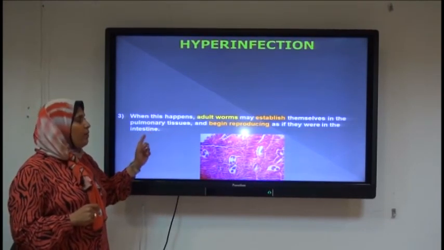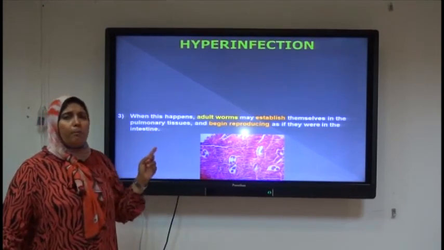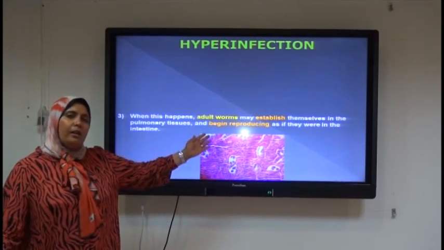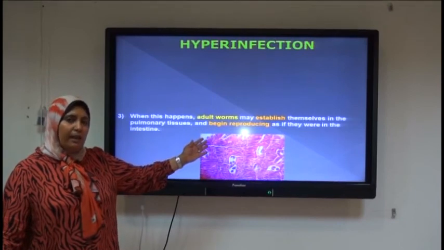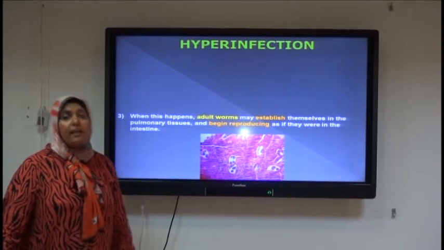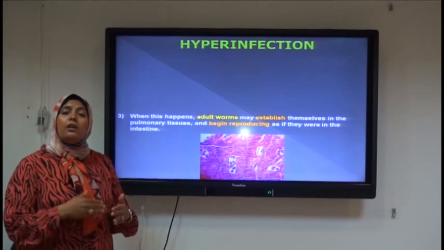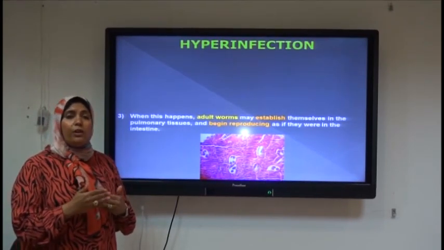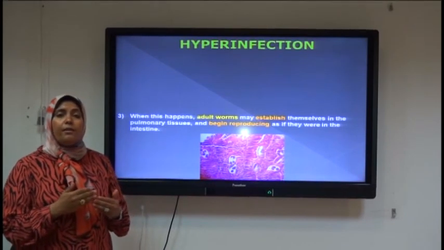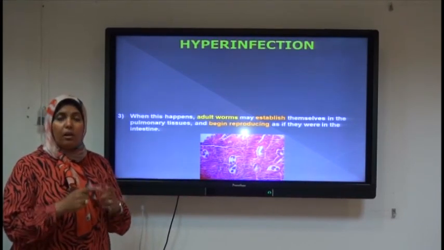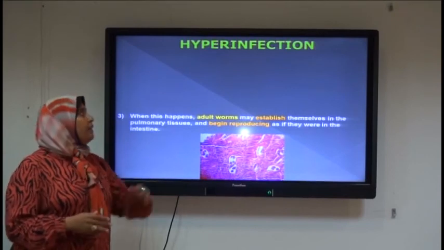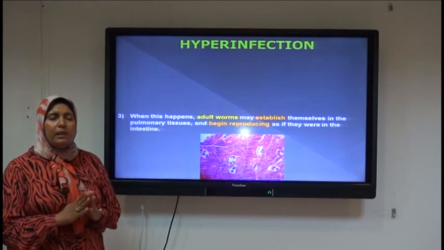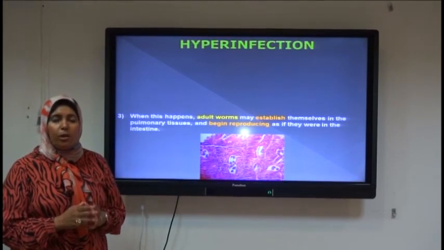And this is a great problem because this will completely destroy the pulmonary tissues, and they will act as if this is the habitat, and it will start producing eggs, and eggs will start to hatch to form rhabditiform larvae, and rhabditiform larvae will divide twice to form the filariform larvae, and so on. The whole life cycle in the hyperinfection will take place in the lungs, leading to complete destruction of the pulmonary tissues.